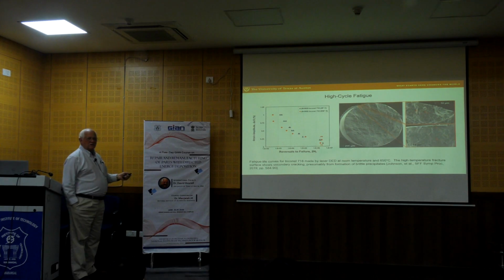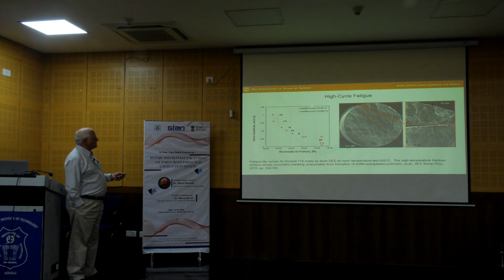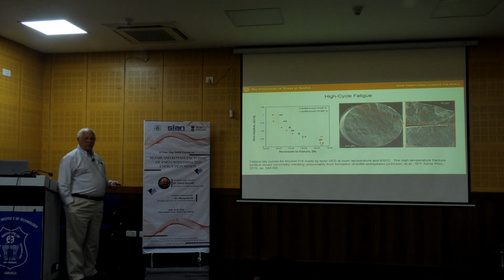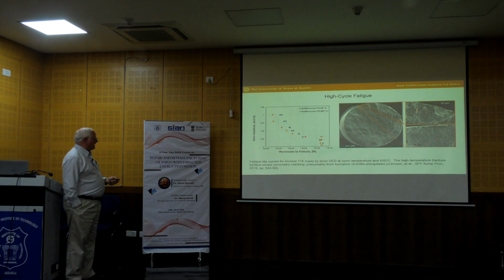So again, this is the traditional SN curve, in this case for Inconel 718, tested at room temperature, which is the triangles, and also at 650 degrees centigrade, which are the red dots. And what we see is that there's a good amount of secondary cracking, particularly at the elevated temperature.